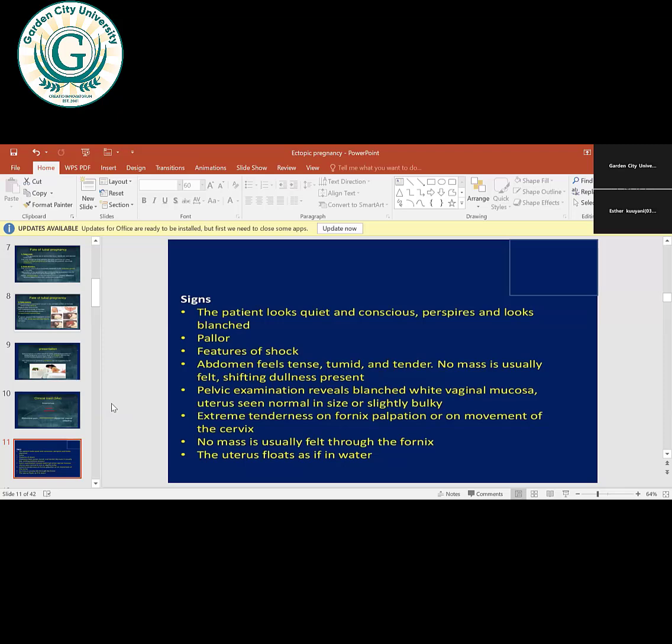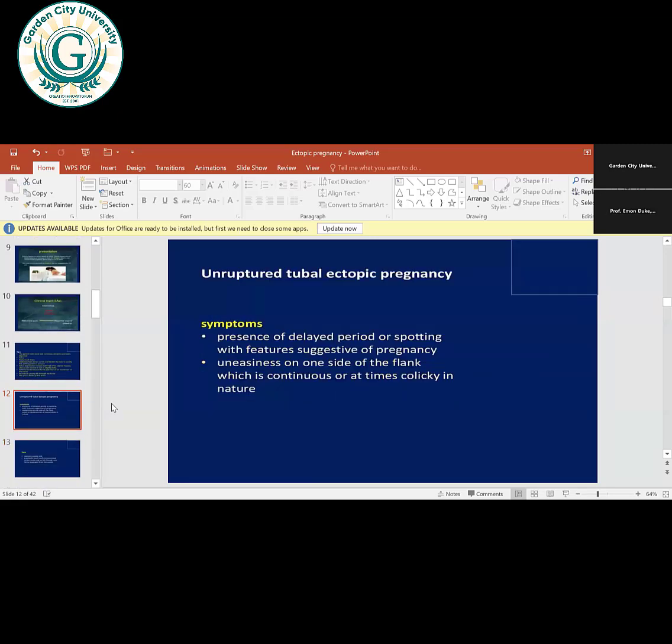Extreme tenderness on fornix palpation or on movement of the cervix. No mass is usually felt through the fornix. The uterus floats as if in water, because it is on fluid. There is bleeding there. So those are the signs, and you can never miss them.